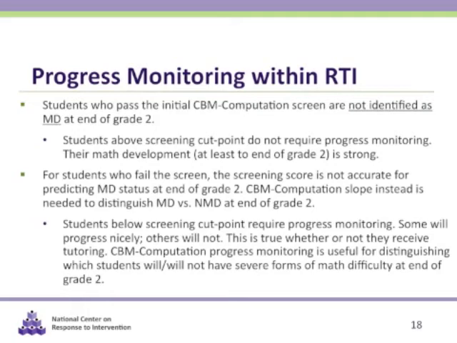We have enough information just knowing that they pass the screen. And their math development, at least through the end of second grade, is strong. The problem is that when students fail the screen, the screening score alone is not accurate for predicting math disability status at the end of second grade.